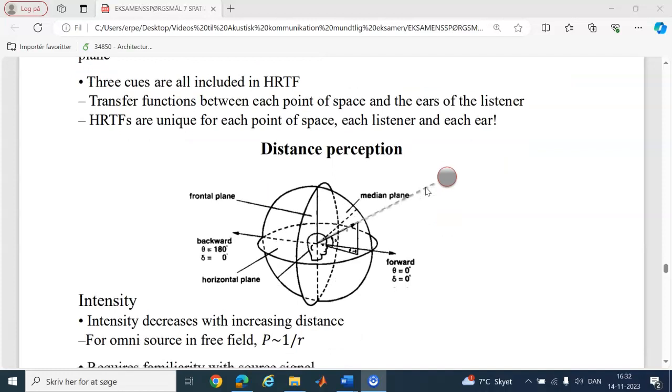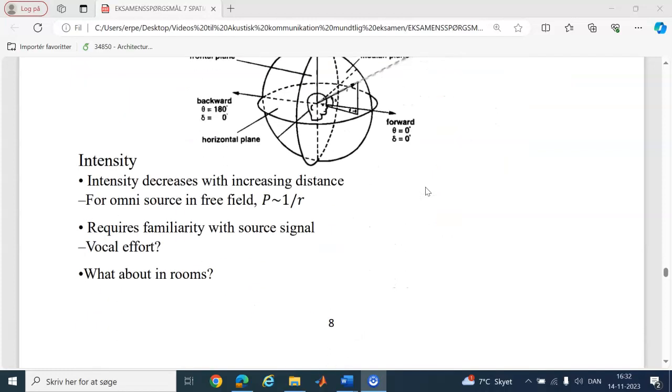Distance perception. Intensity decreases with increasing distance. For an omnidirectional source in free field, intensity is only dependent on distance. The power is inversely proportional to the distance.